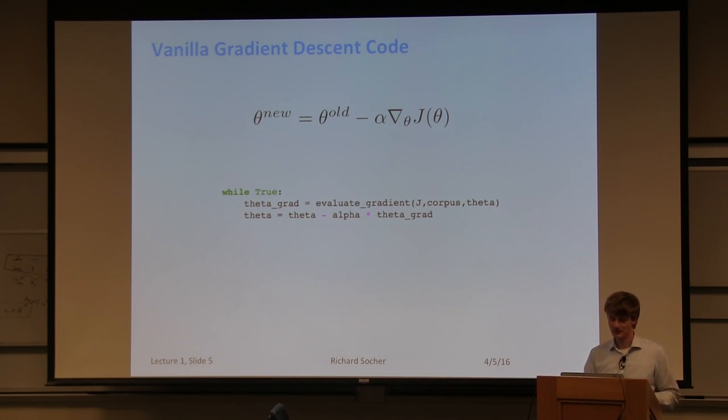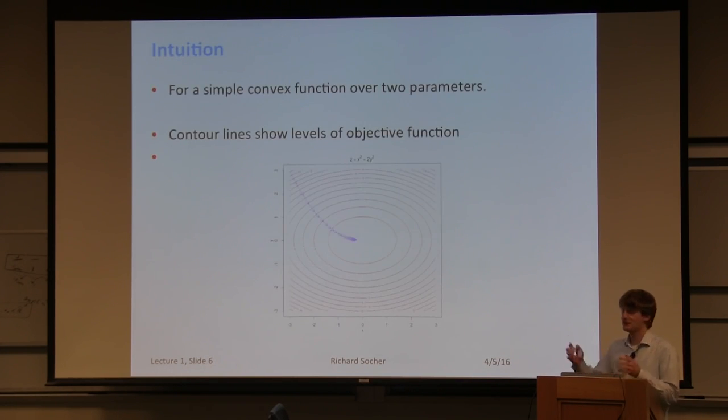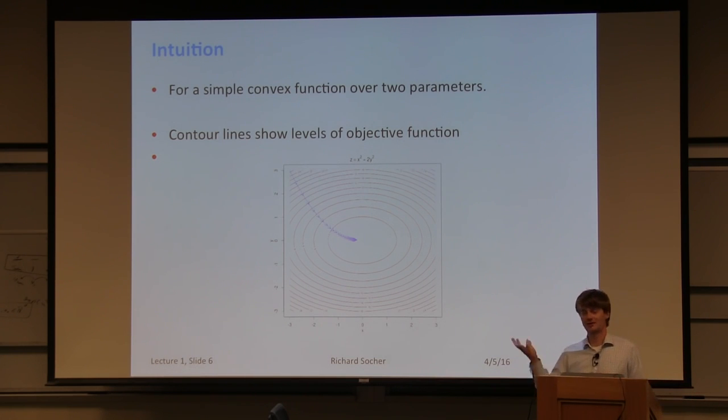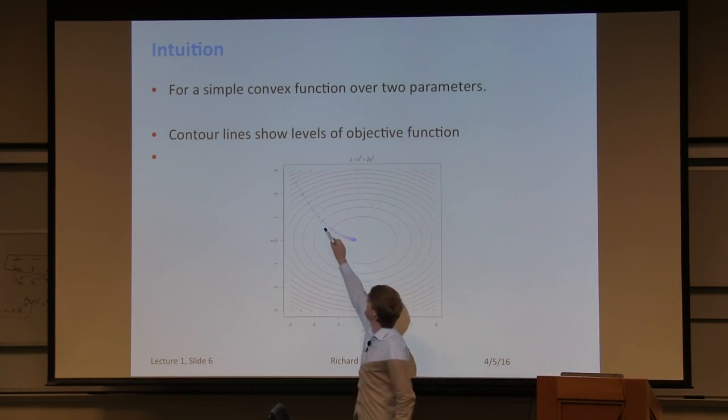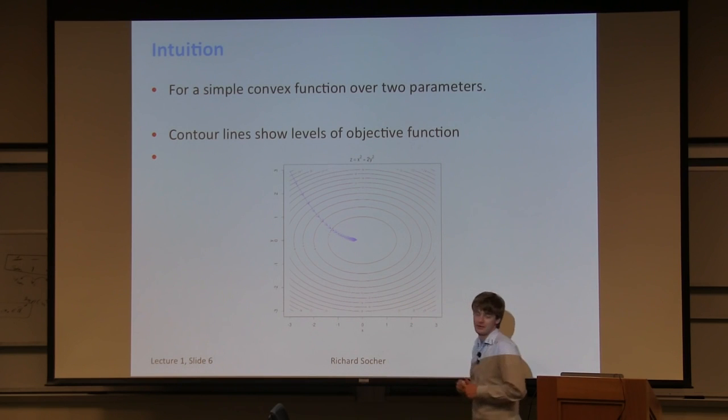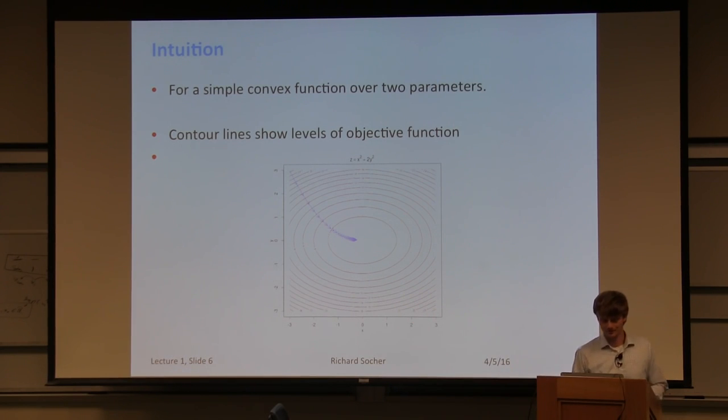And we just update that. If this was a simple function, then our updates would just look like this. Of course, in deep learning, we'll never have such a nice, beautiful convex function. Here you see the level sets, and the update that gradient descent makes at each time step, trying to get to a minimum.